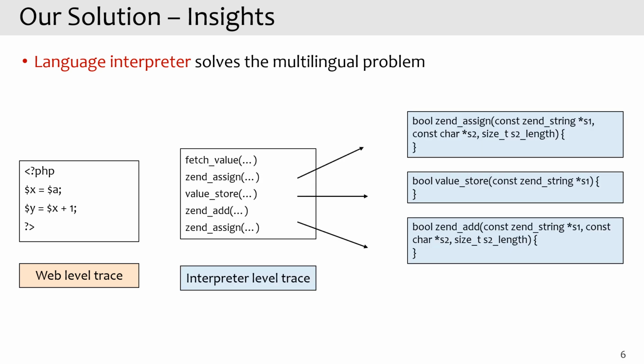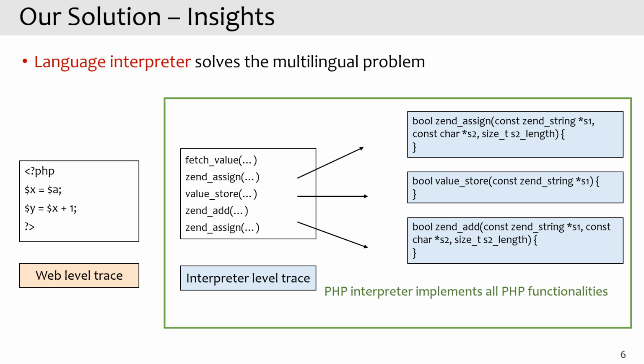On the other side, when we take a closer view of the PHP interpreter, we can also observe some interpreter level traces. For example, very simple assignments involve the basic value fetch, value assign, and value store. Each of such operations corresponds to certain implementations within the PHP interpreter. We find that the PHP interpreter implements all the PHP functionalities.